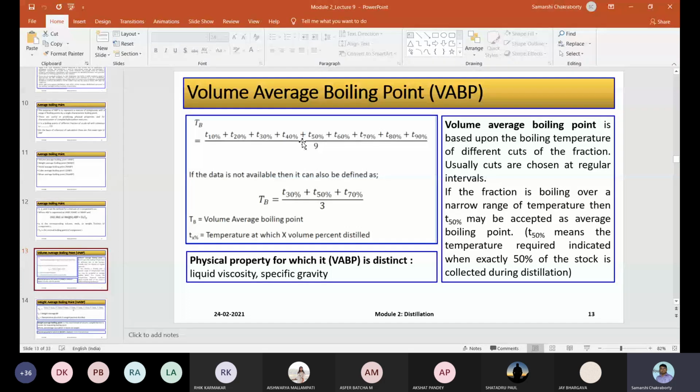We have to calculate the volume average boiling point. You can see the TBP data: for 10 volume percent distilled, what is the temperature, then at 20% distilled, what is the boiling point, and so on up to 90 percent. If the TBP data is available, you just divide the sum by 9 and you will get your volume average boiling point. But the data has to be in volume percentage distilled, only then will you be able to calculate it.